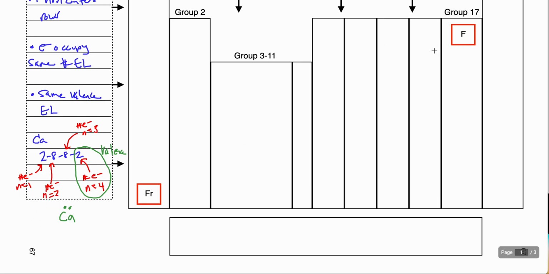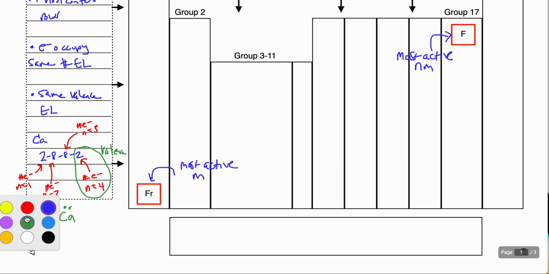Fluorine is our most active nonmetal, whereas francium represents our most active metal, so the opposites. Francium is also the element that has the most metallic character.